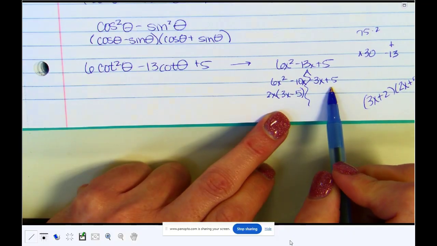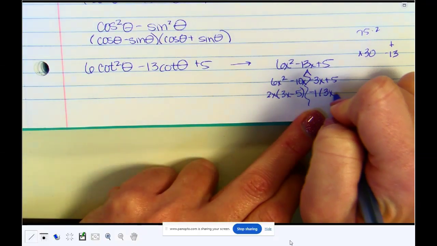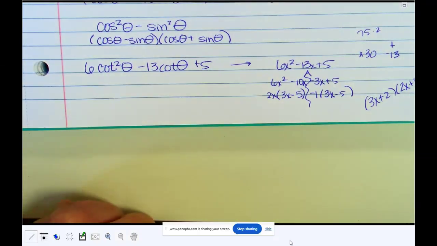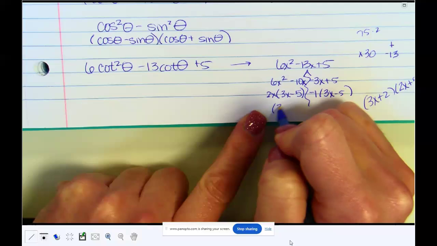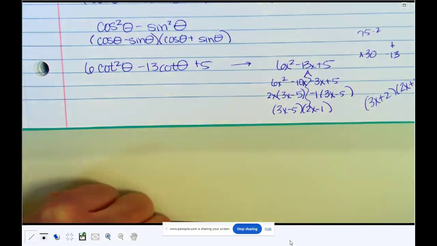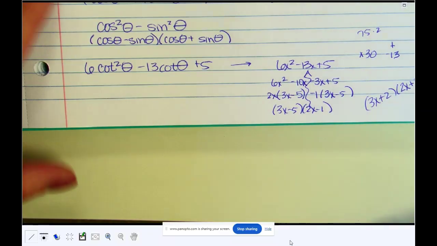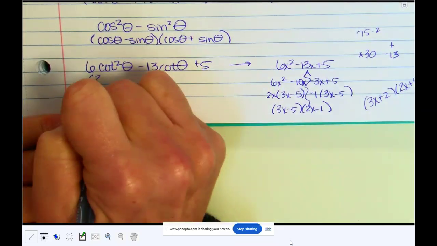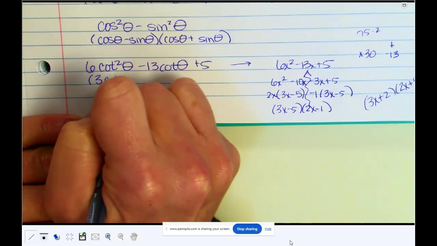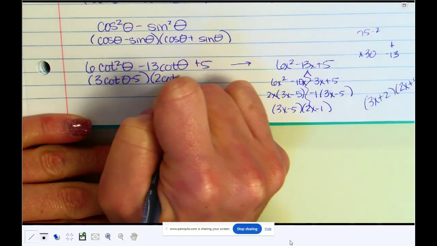So what do we have to take out? -1. Yep. And that gives you 3x minus 5. Okay, so then you have 3x minus 5 and 2x minus 1. And then you can go back and write it as cotangent. So it would be 3 cotangent minus 5 times 2 cotangent minus 1.